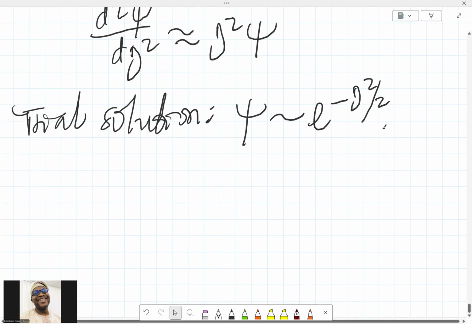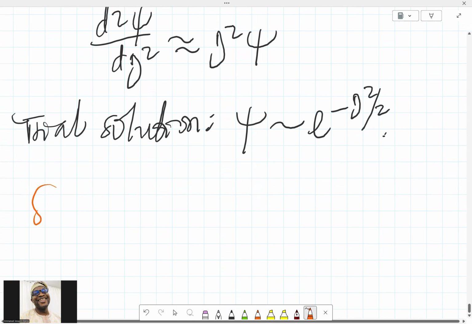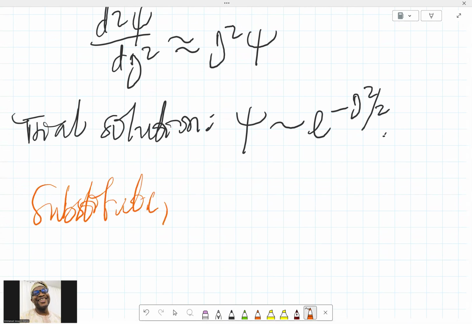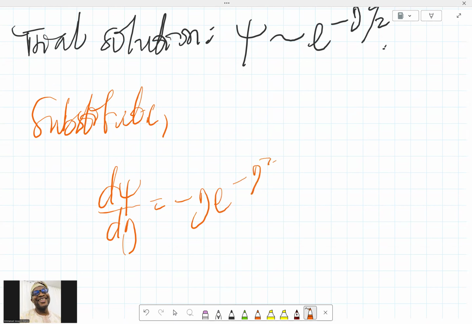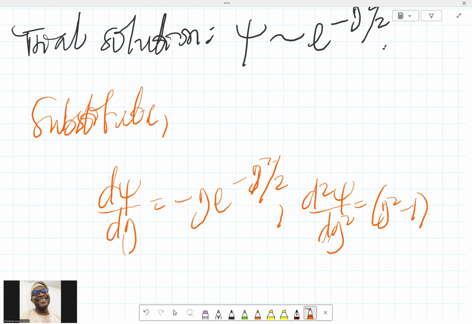If we substitute now, we have d psi d eta equals minus eta e raised to power minus eta squared over 2, and d squared psi d eta squared is equal to eta squared minus 1 times e raised to power minus eta squared over 2.